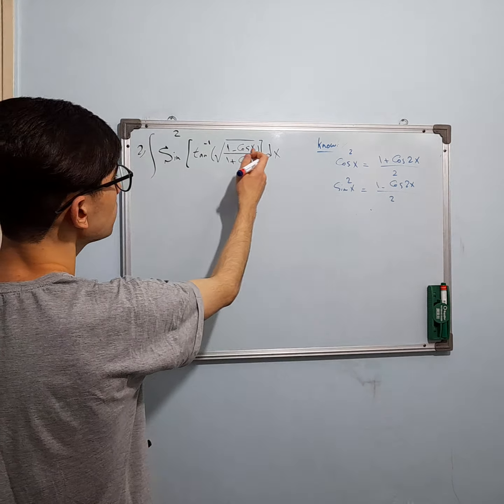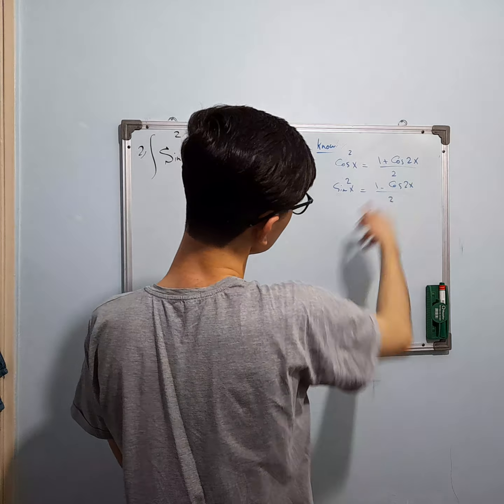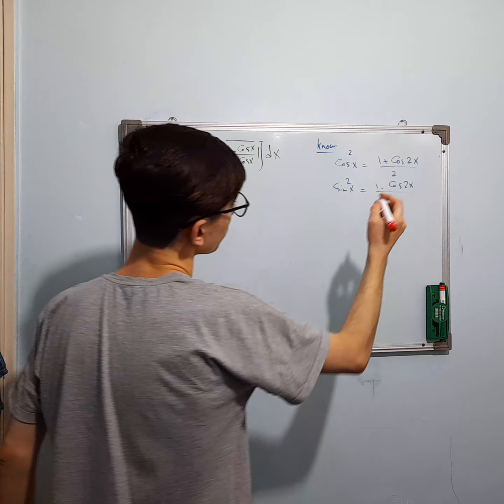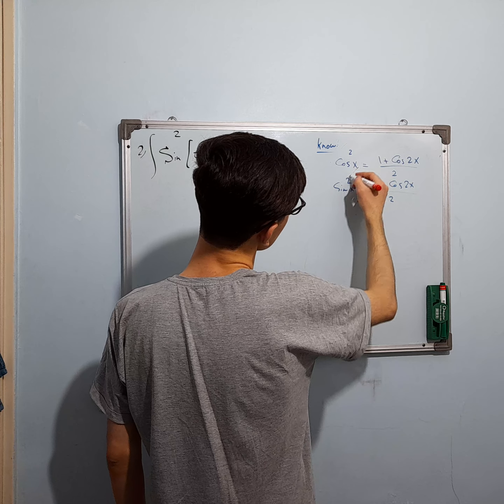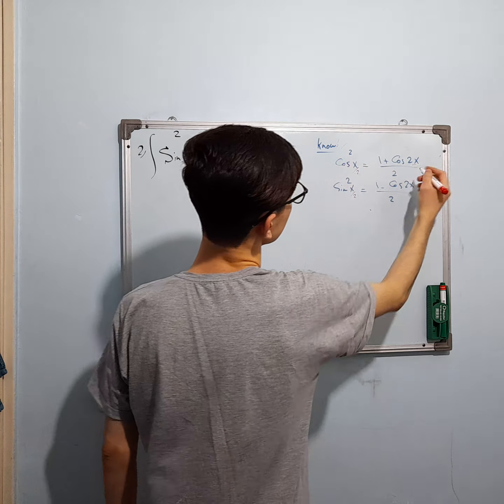But here we have 1 minus cosine x and 1 plus cosine x, where here it is 2x. So what we're going to do is divide everybody's x by 2 to get this.